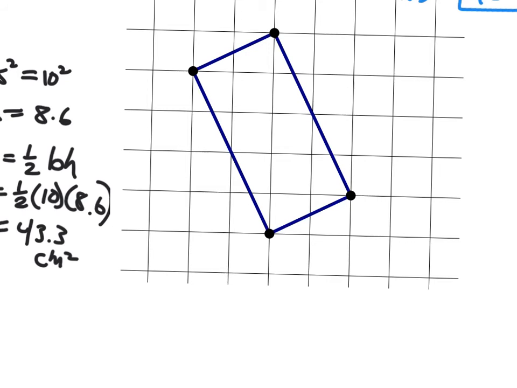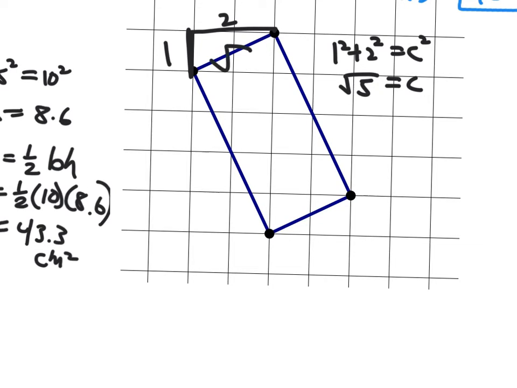Next problem, finding the area. The problem is that things are on diagonals, so this is 1 space by 2 spaces. So Pythagorean theorem, 1 squared plus 2 squared is c squared. So c is the square root of 5. So this distance here is square root of 5. Going the other way, we have 1, 2, 3, 4 by 2.